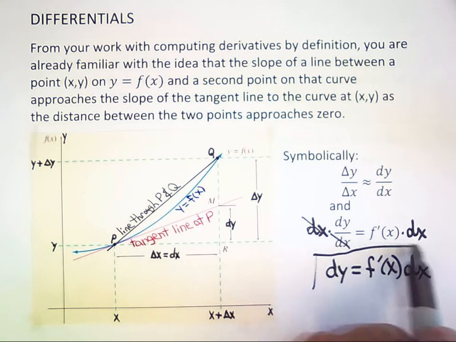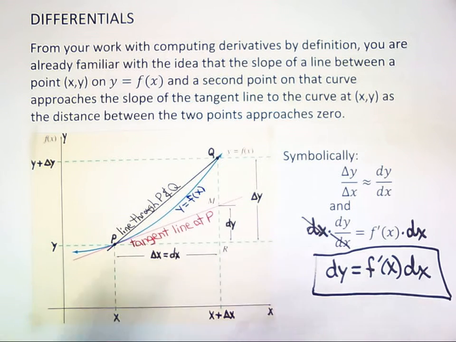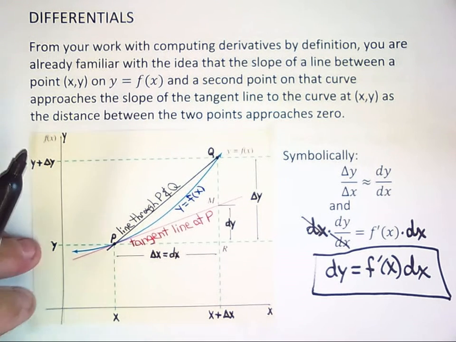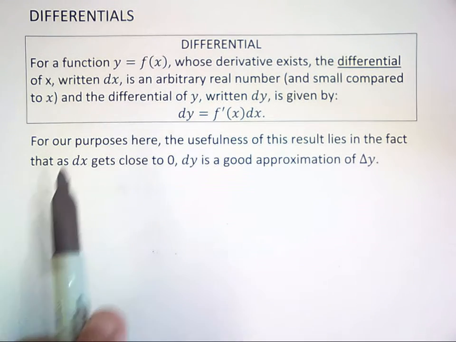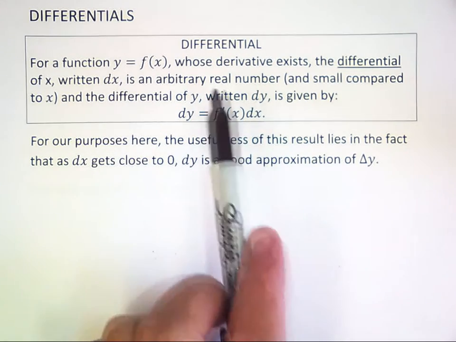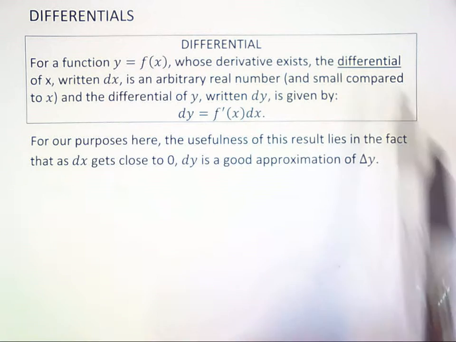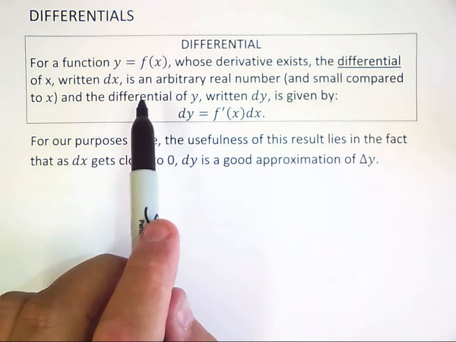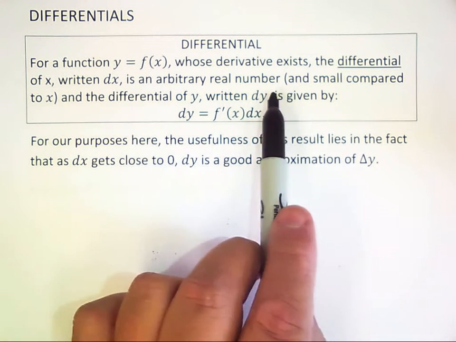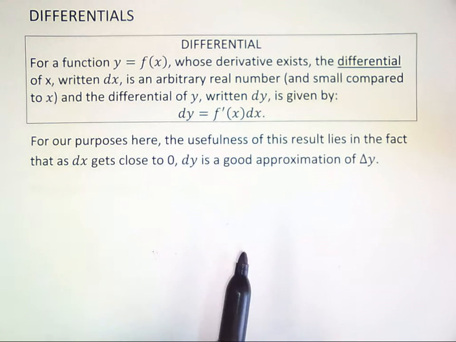Now that is the basis of the definition of a differential. So formally, for a function y equals f of x whose derivative exists, the differential of x, which you write dx, is an arbitrary real number, and it's small compared to x.